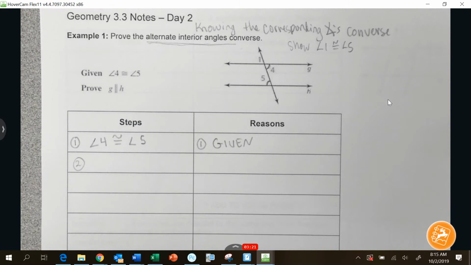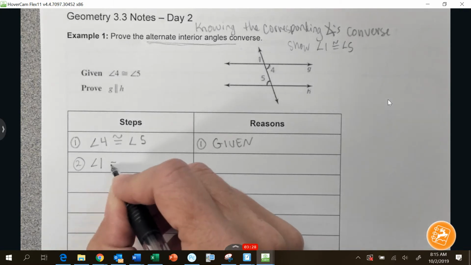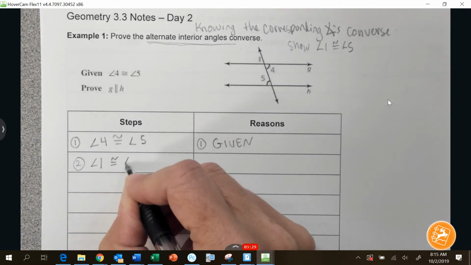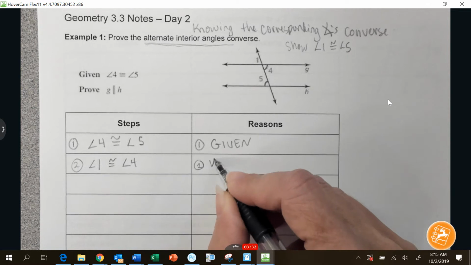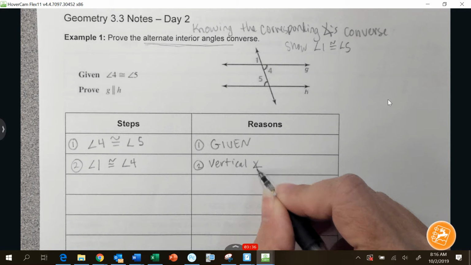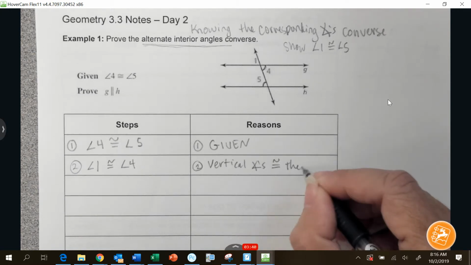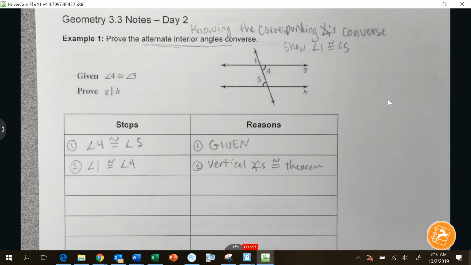It's vertical to angle 4, so what does that mean about angle 1? It's congruent to angle 4. So I'm going to say that angle 1 is congruent to angle 4 because of the vertical angles congruence theorem. Vertical angles are congruent. That's the theorem.